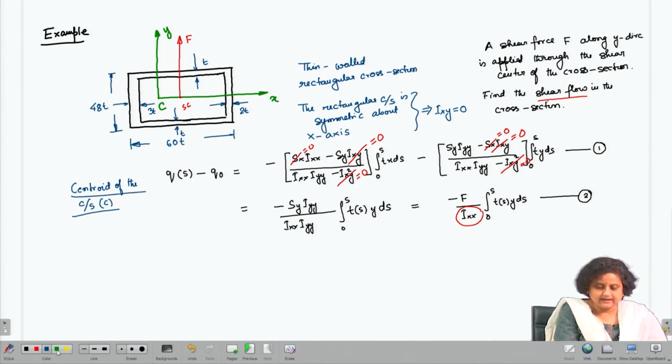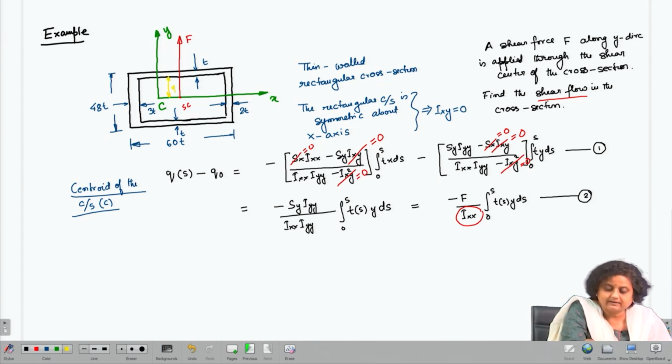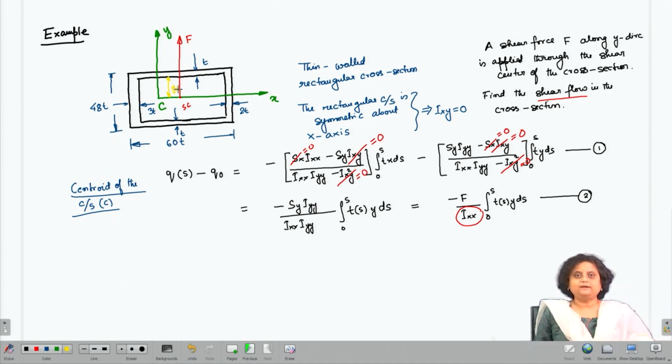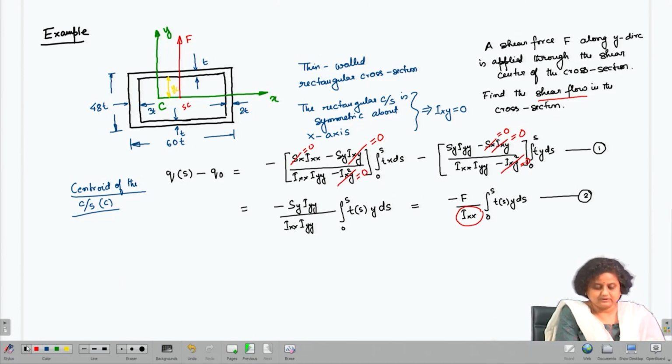So, let me say that the centroidal distance is this one, which is y c. So, I need to find out y c. Let us see how we can find out y c.